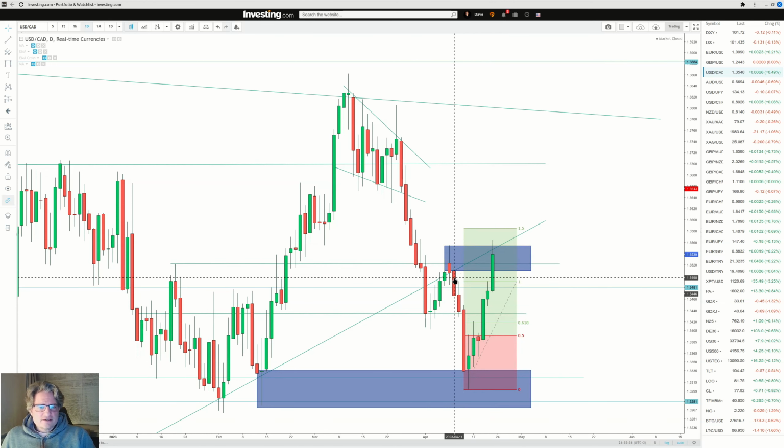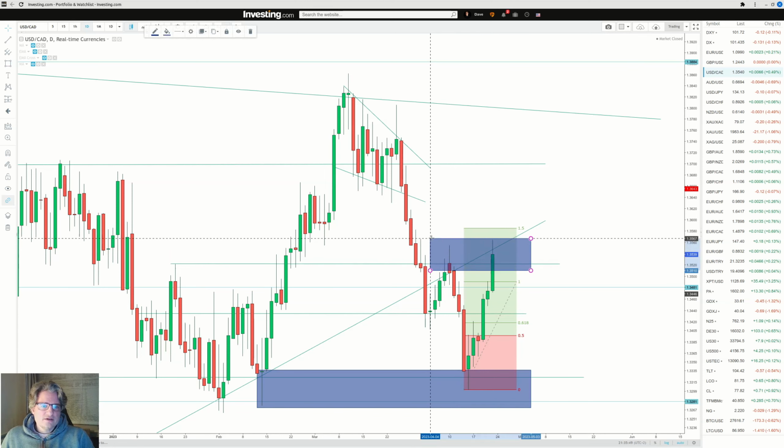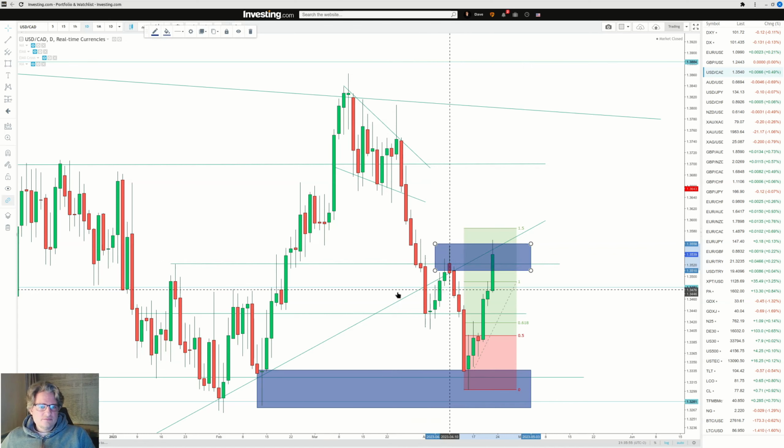So where is it exactly? Well, it starts here where the candle starts moving down strongly, and it stops for me at the top of the wick of the candle before. So there's a wick here, as you can see. So this is how I draw a supply zone in this continuation retrace kind of play.